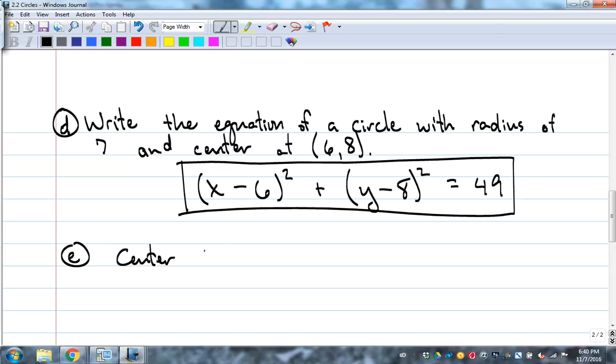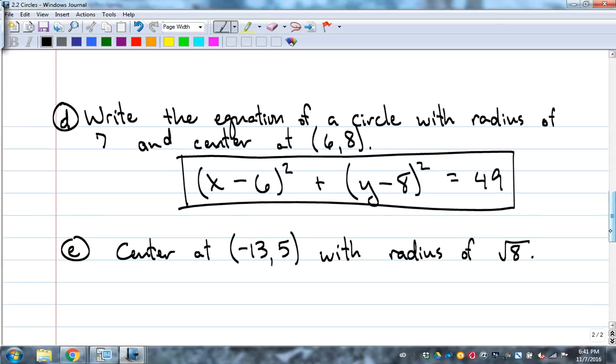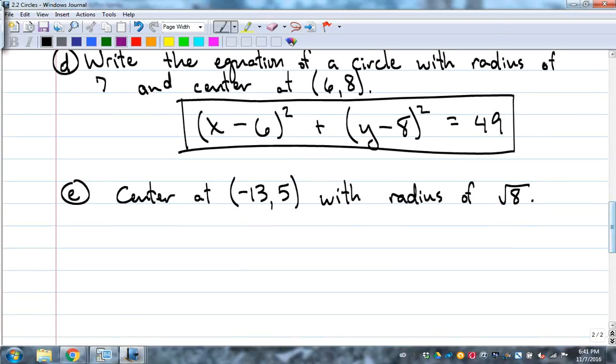Same instructions, write the equation of the circle with the center at negative 13, positive 5 with radius of the square root of 8. So I know it's going to look like that. What goes in there with the x?